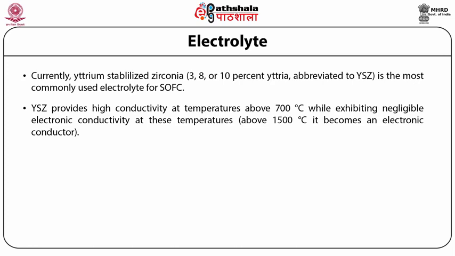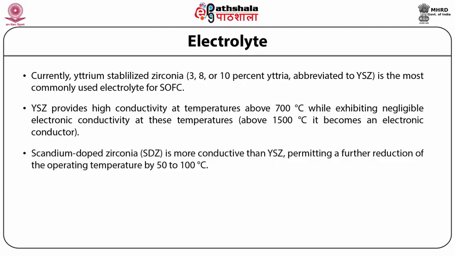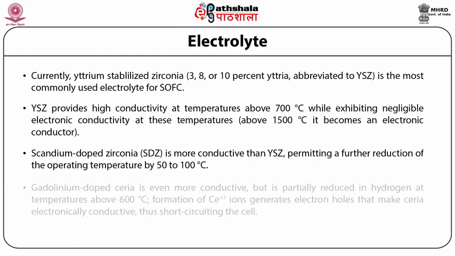Alternative electrolytes have been considered and are being developed. Scandium doped zirconia is more conductive than YSZ, permitting a further reduction of the operating temperature by 50 to 100 degrees Celsius.